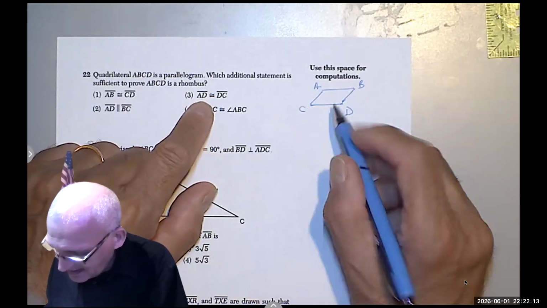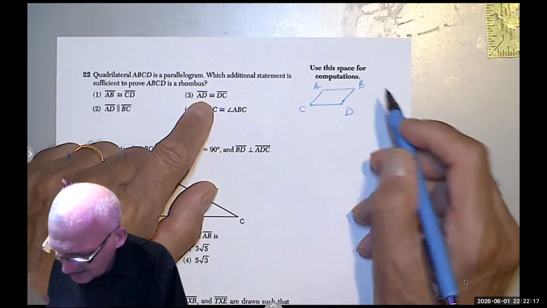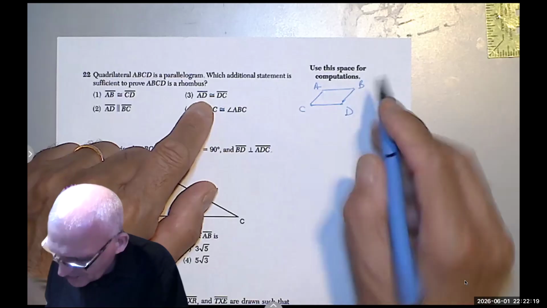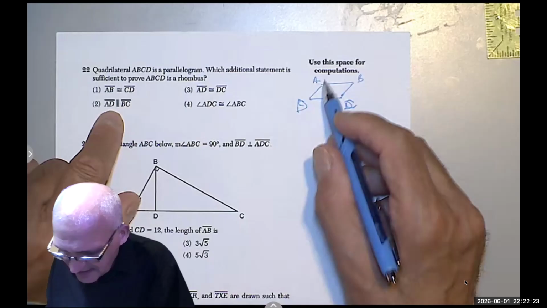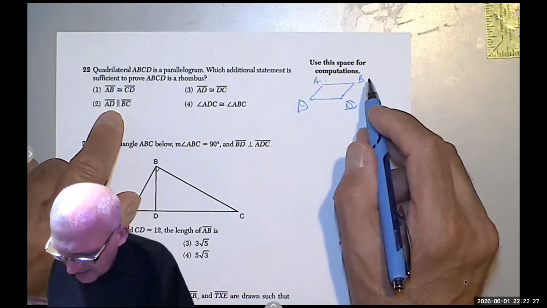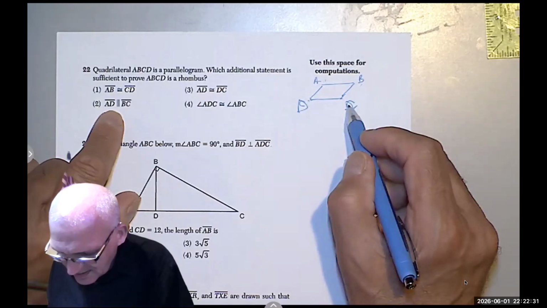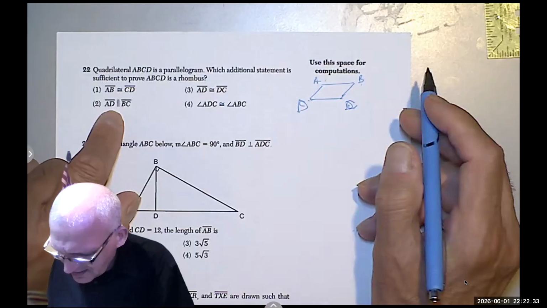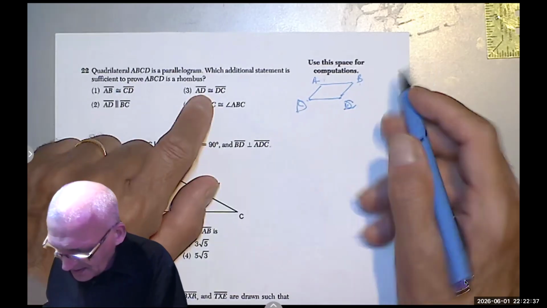AD is congruent. What? It said AB. Oh, I'm sorry, ABCD. So it says AD is perpendicular to BC. How? AD is perpendicular to BC? No, that doesn't make any sense.